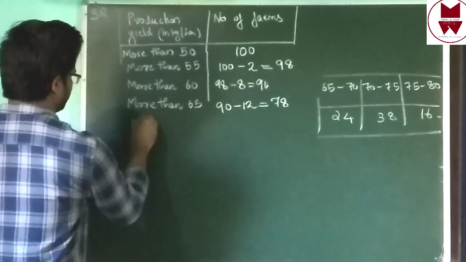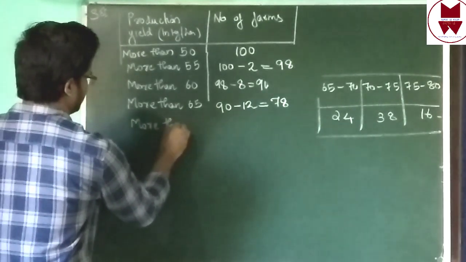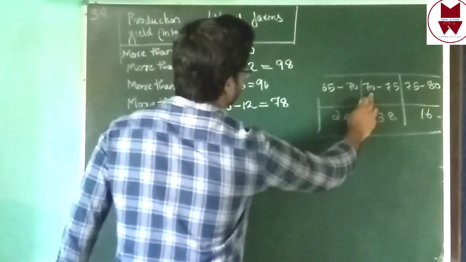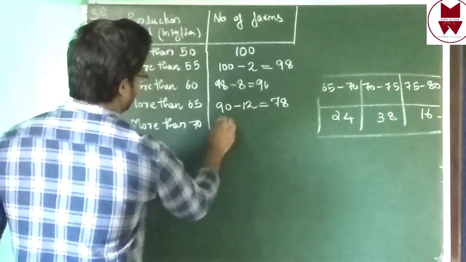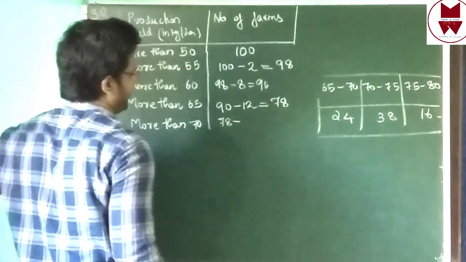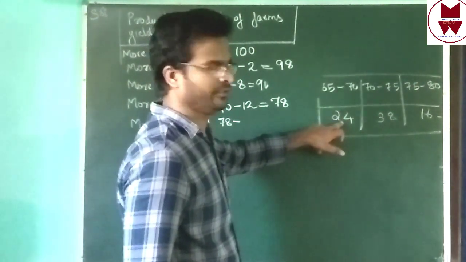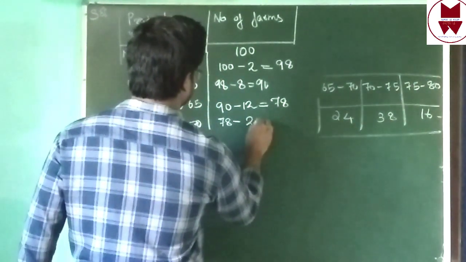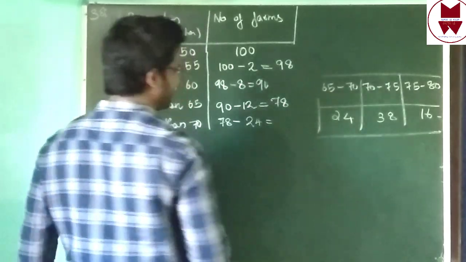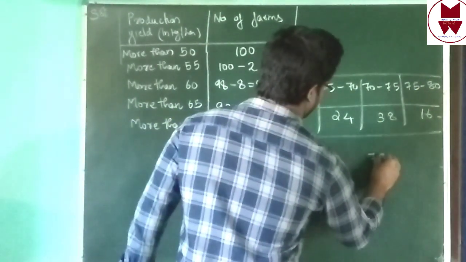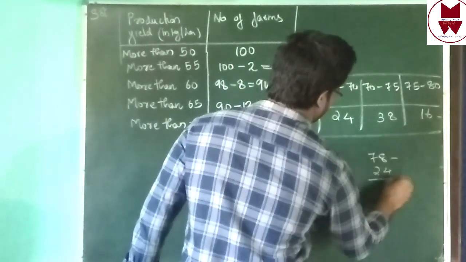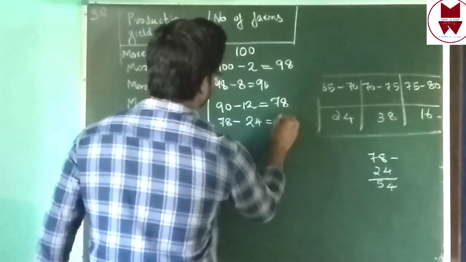The next, more than 70. The next interval, 70 to 75, means we can use 70. 78 minus this 24. What will we get? 78 minus 24 is 54.